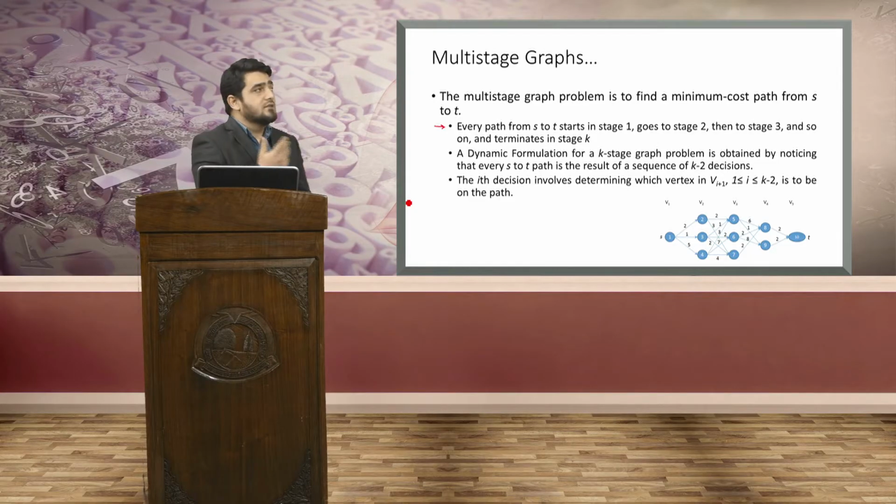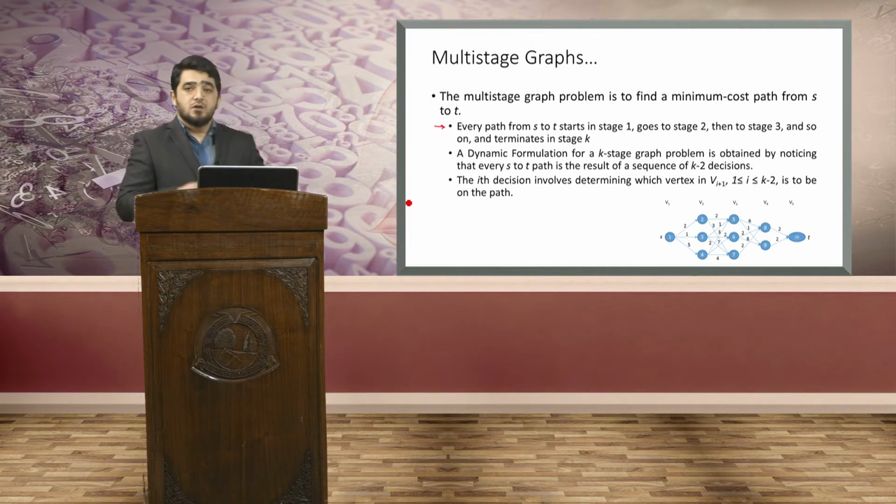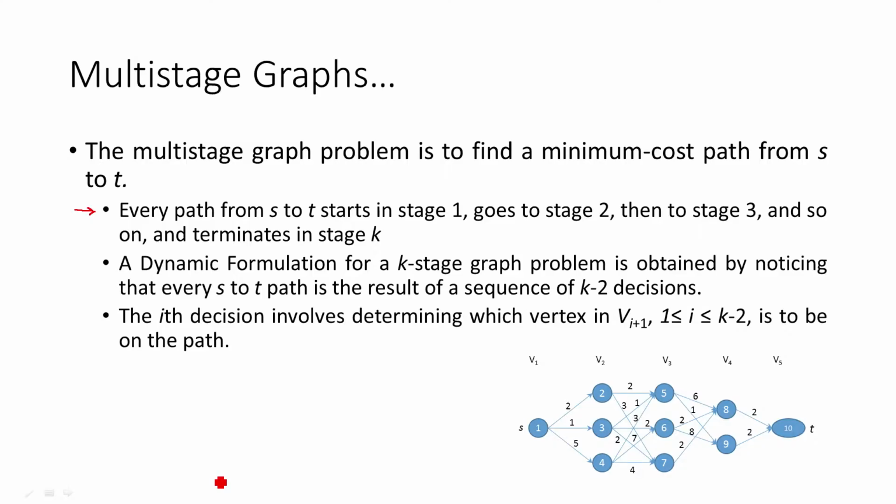Now if we look at this problem of trying to find a path in a multistage graph from the first node to the last node, or from the first stage to the last stage, we can observe that we need to make only k minus 2 decisions, where k is the number of stages. In this example that is shown here, we have k equal to 5 stages. At the bottom you can see V1, V2, V3, V4 and V5.